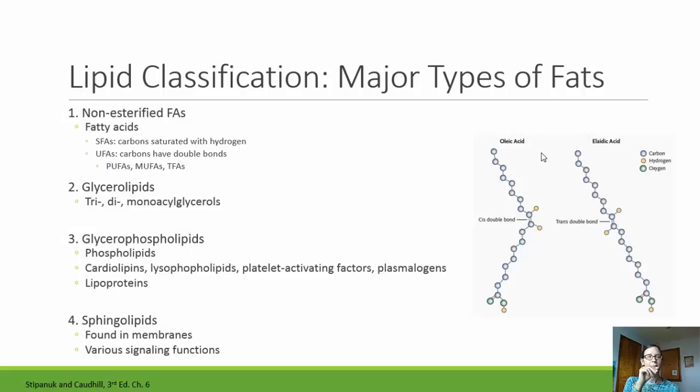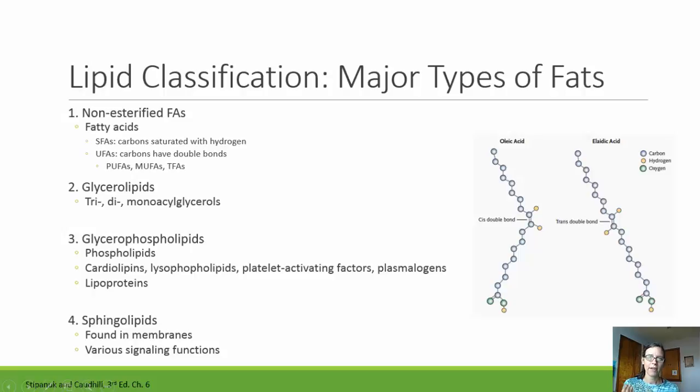I do want to take one step back, to number one, which is the trans fatty acids. So again, I think this is something that we all know, but nearly all fatty acids that exist in nature, when we have a double bond, the remaining hydrogens are on the same side. So this is a cis bond, but when the hydrogens are on the opposite side, it's a trans bond, and that's called the trans fatty acid.